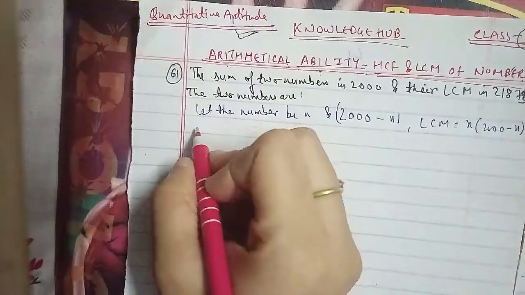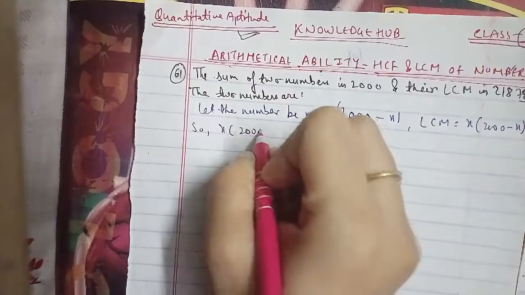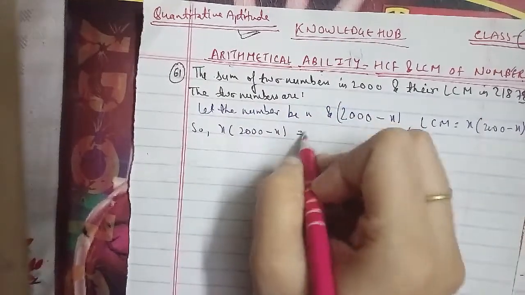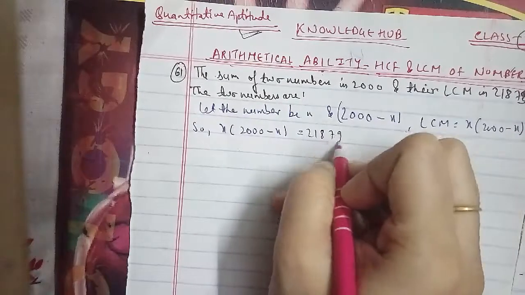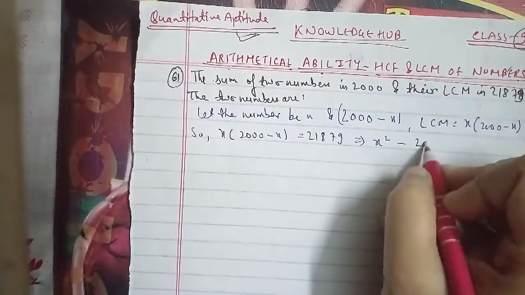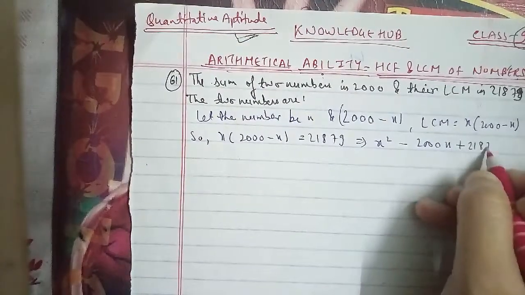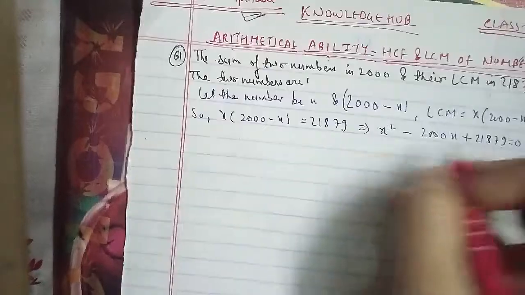So x into (2000 minus x) equals 21,879, where x square minus 2000x plus 21,879 equals 0.